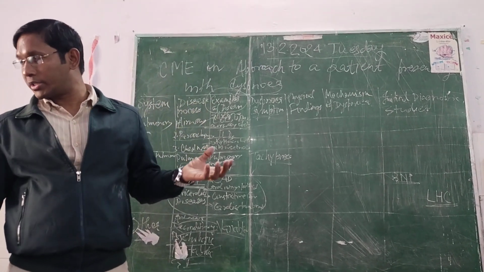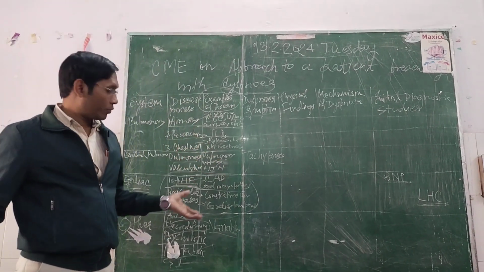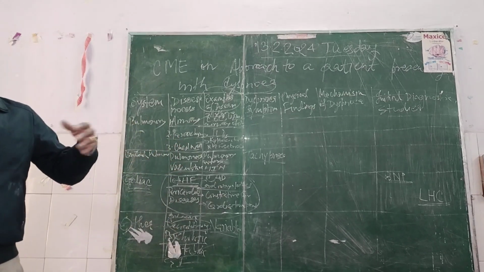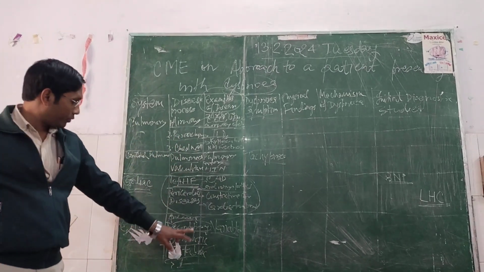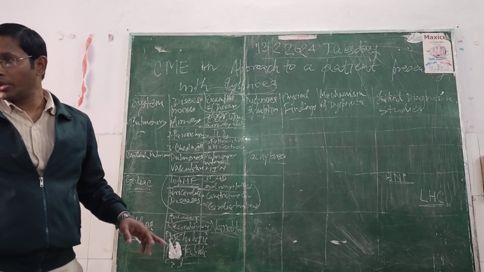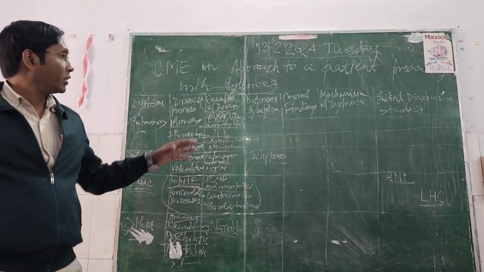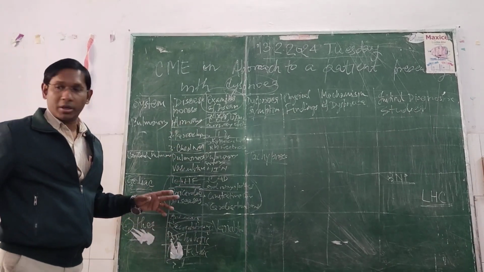You can go for chest X-ray to rule that out, and rule out other causes in case of psychological. Then only you can. So these are the initial diagnostic studies.